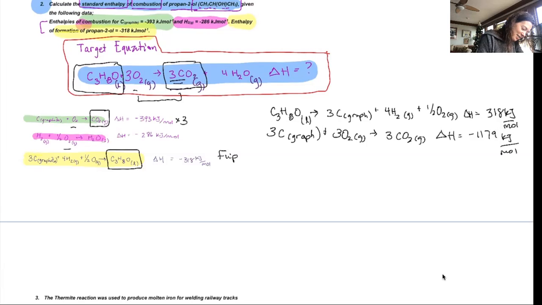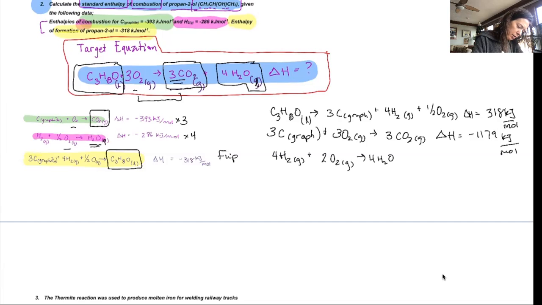And then lastly, I've got 4 H2Os, make it a liquid. I don't care. They're the same. We've got H2. Okay, I need to multiply this by 4 because here I've got 1, but I need to have 4 of them. So I have 4 H2 gas plus 4 times 1/2 is 2 O2 gas yields 4 H2O.